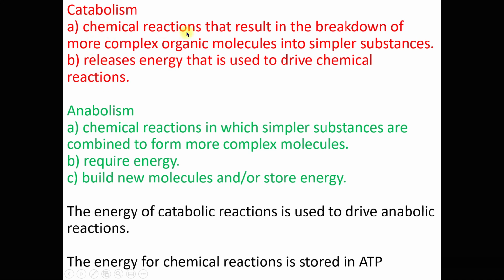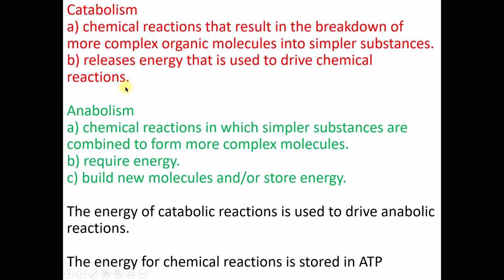Catabolism is a chemical reaction that results in the breakdown of more complex organic molecules into simpler substances. So simply to say, catabolism is a process where a substrate or a molecule is broken down. And catabolism releases energy that is used to drive the chemical reactions.